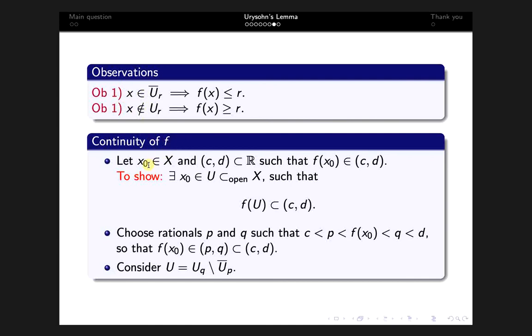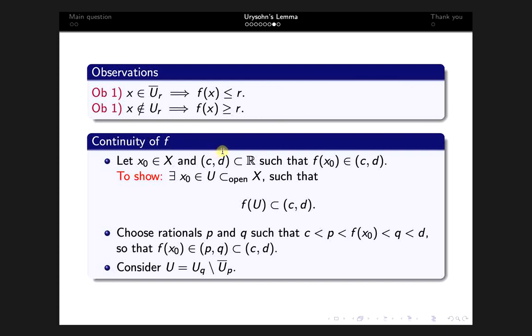So to prove the continuity of f, what do we have to show? Suppose x naught is a point in the topological space X, and f of x naught is in the closed interval 0, 1, which is a subset of the set of reals.